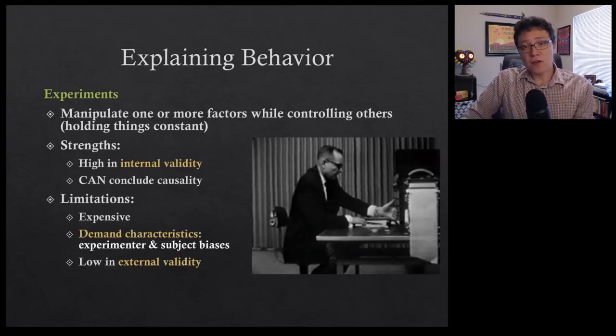Some limitations, though. These are expensive, both in terms of time, energy, and sometimes building these experiments. We have demand characteristics, as we mentioned. So the experimenter and subject biases, that these people might want to either help studies, or they might want to hurt studies.